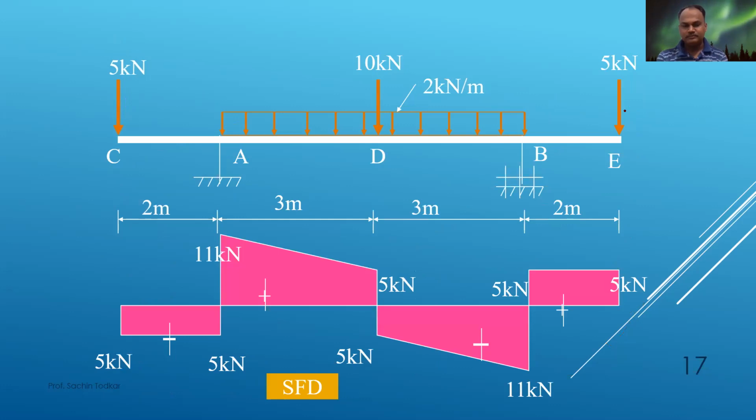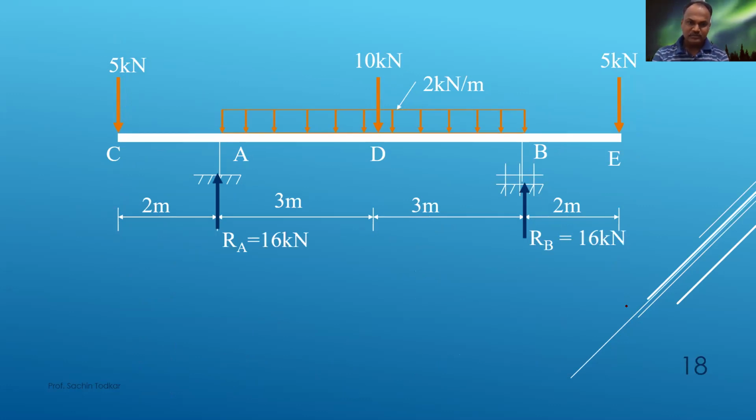This is your SFD. With the help of your calculations, you can draw the diagram: 5, 5, 11, 5, minus 5, minus 11, plus 5, plus 5, 0. So this is your shear force diagram. It's easy. Now the bending moment diagram.